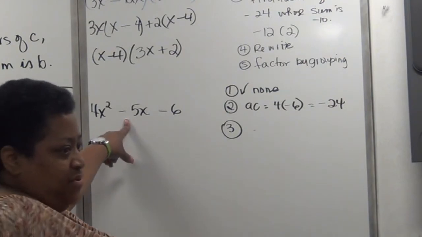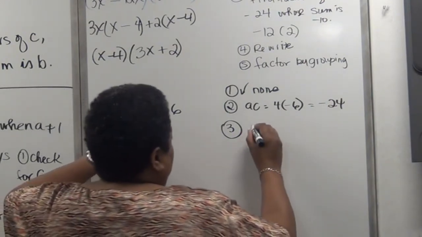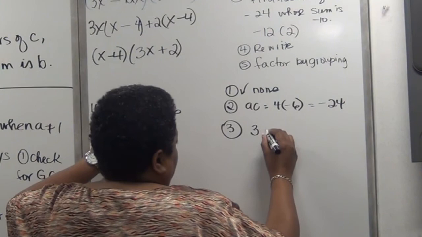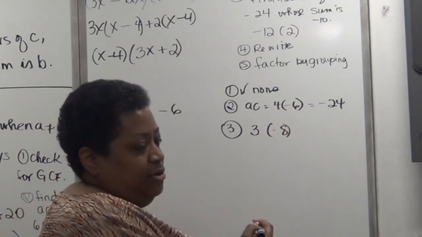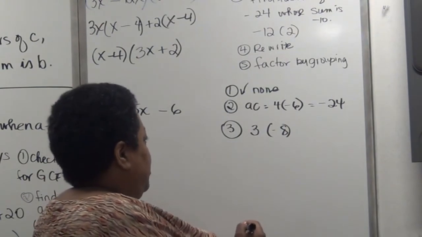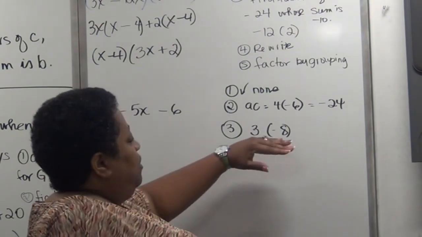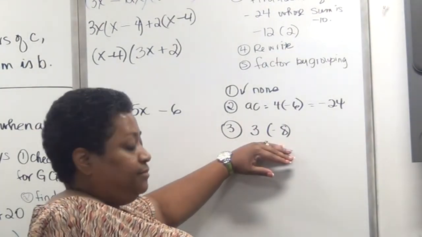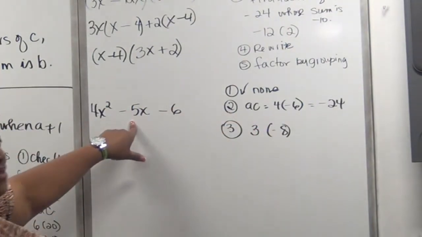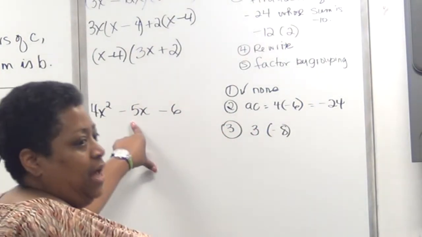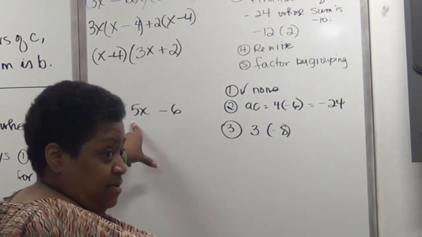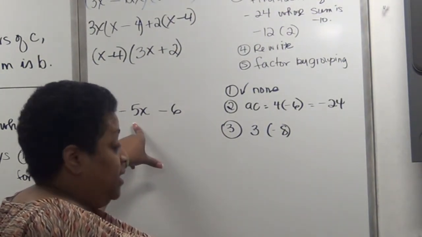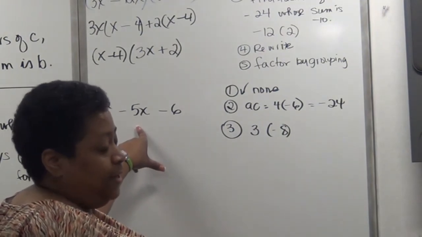It's positive 3, negative 8. You were on the right track, Jeffrey, very good. Just remember, whatever sign the middle number is, the larger number will take that sign.